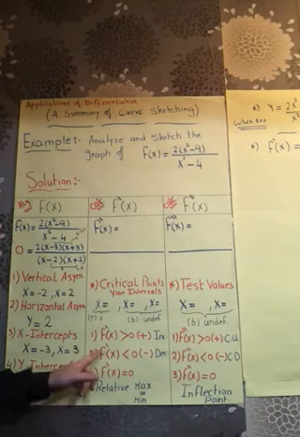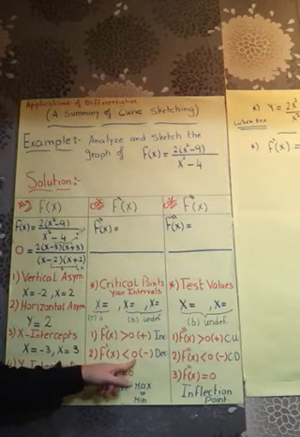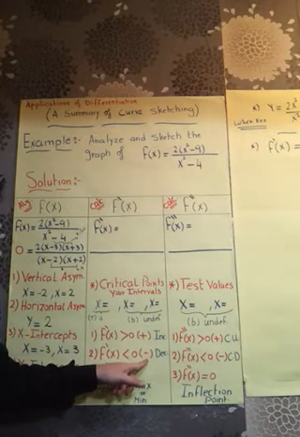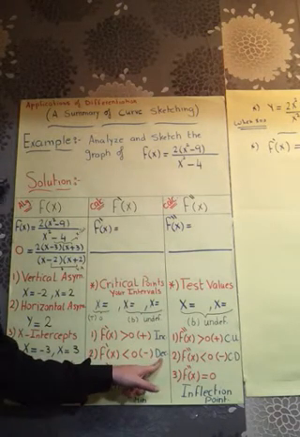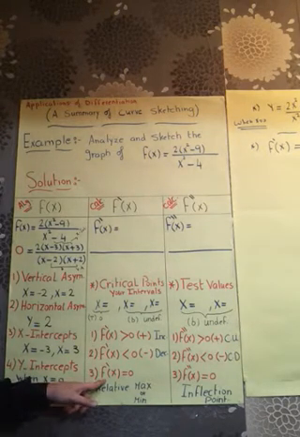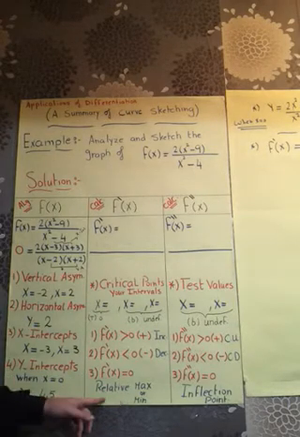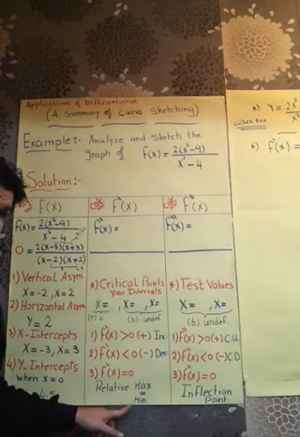And if f prime x is less than 0, this means negative, so decreasing. And finally, if your first differentiation equals 0, this means relative max or minimum.